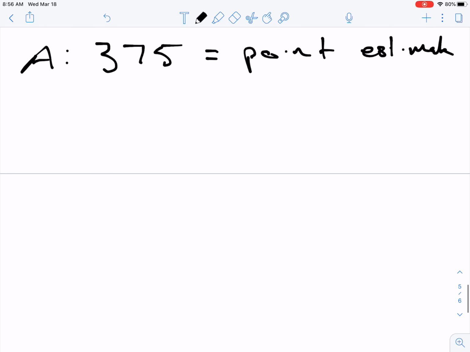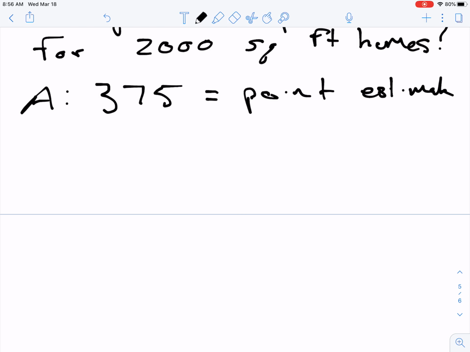So now let's produce an interval estimate. That's our point estimate. Our interval estimate will be 375 minus t alpha over 2. So that might be the critical value with 2.5% on the outside, for example, if we're doing 95%. That's how many standard errors I need to go.